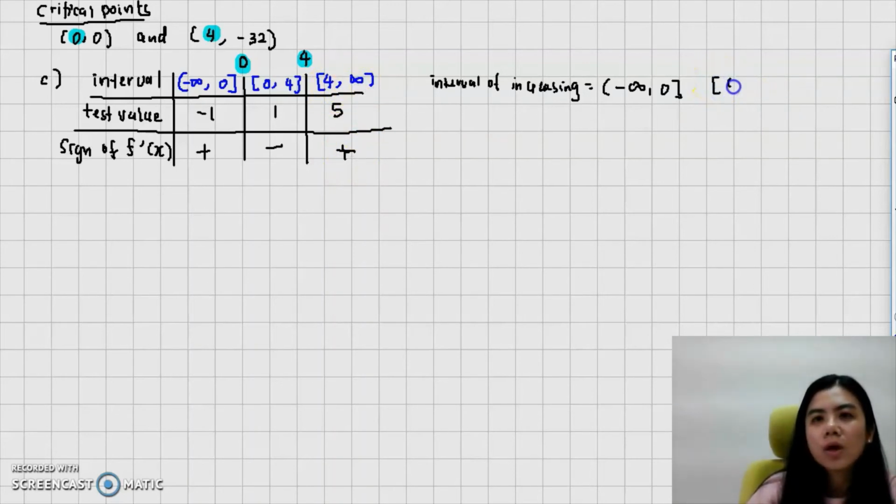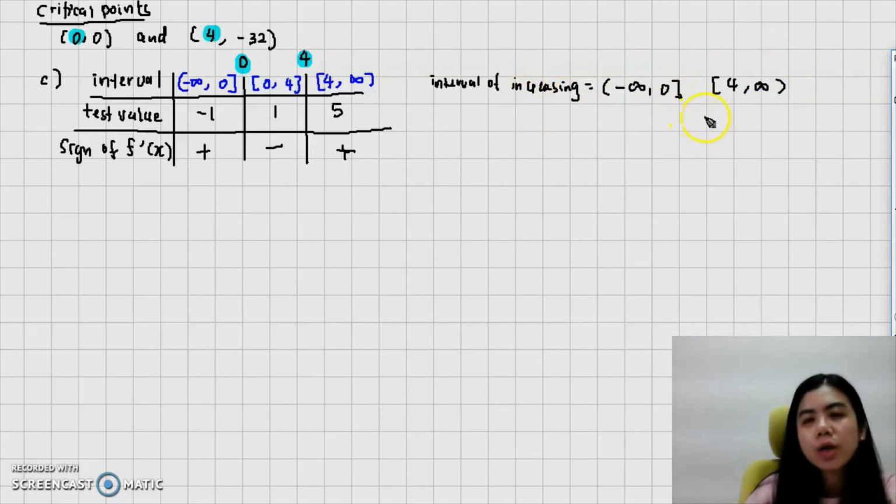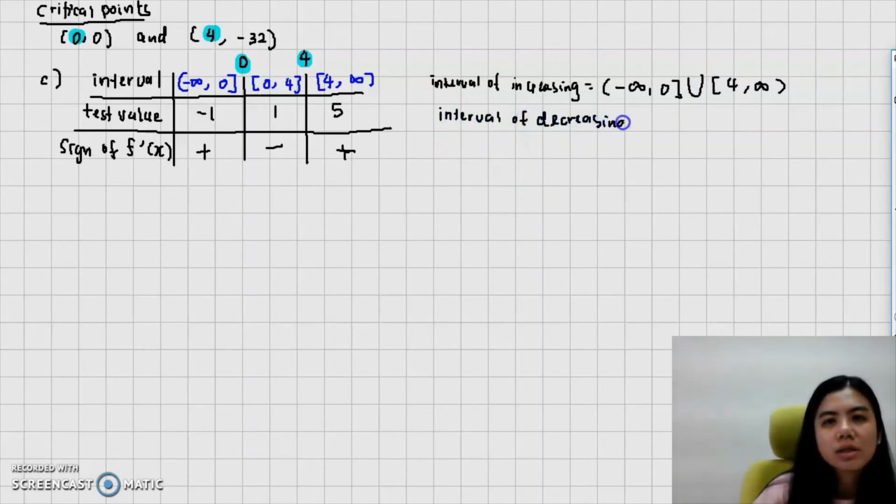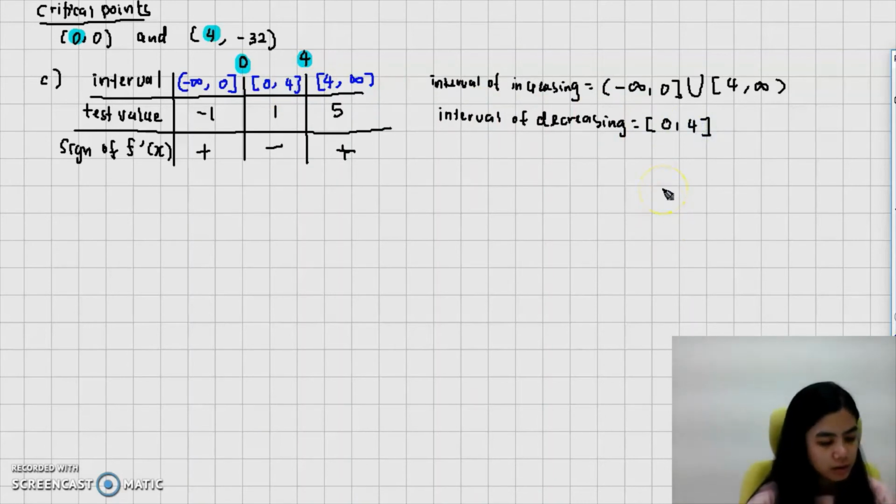Because we have two different intervals, we join them with a union sign. Next is the interval of decreasing, which is the part between the two critical values, so that is the interval from 0 to 4. That is our interval of decreasing.